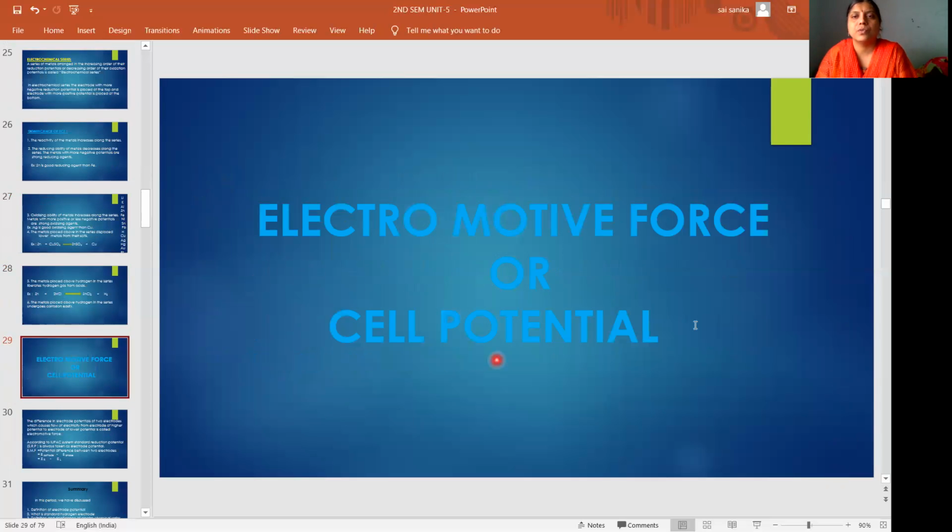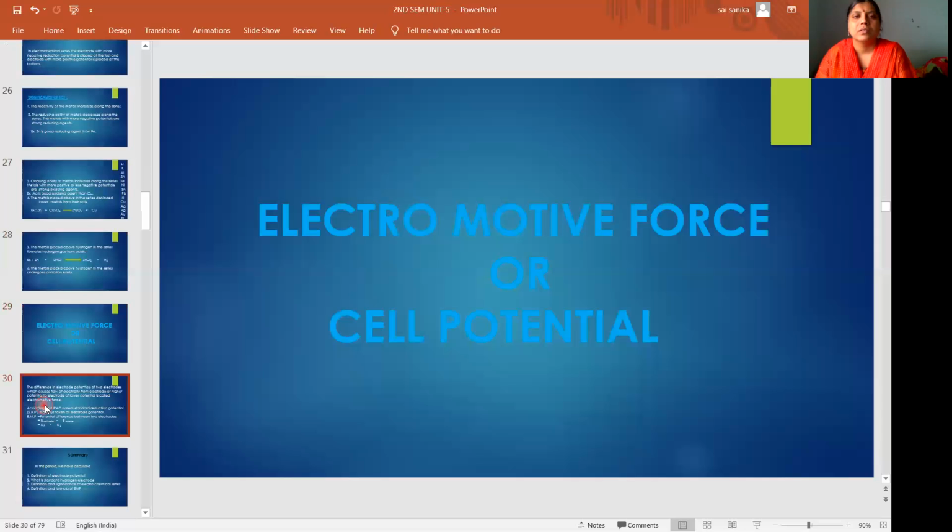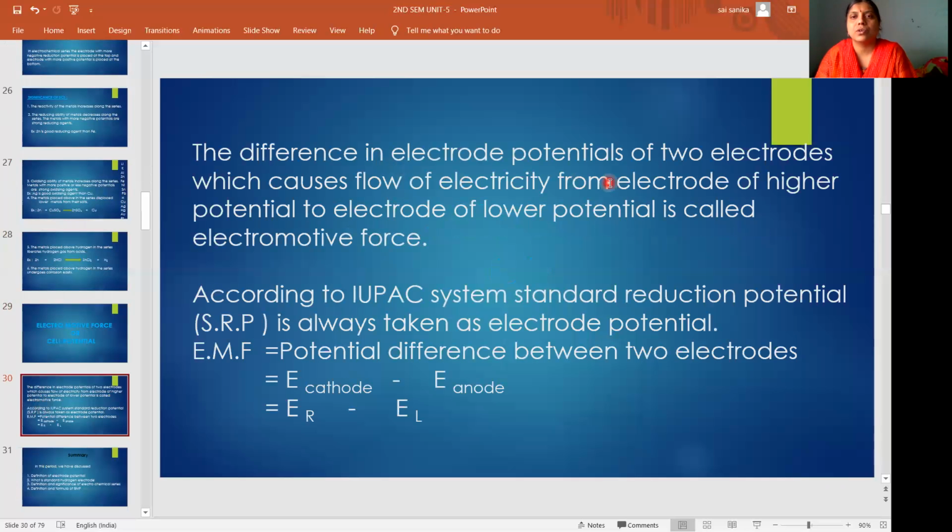Then what is electromotive force? The difference in electrode potentials of two electrodes, which causes flow of electricity from the electrode of higher potential to the electrode of lower potential, is called electromotive force. Because of the difference between the two electrode potentials, electrons flow from one electrode to another.